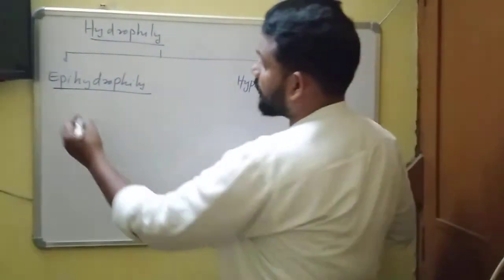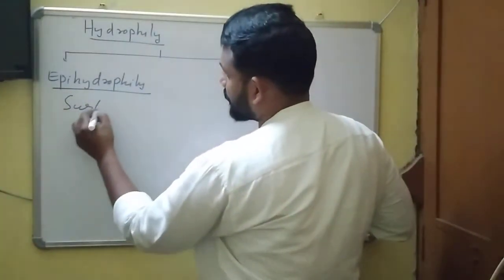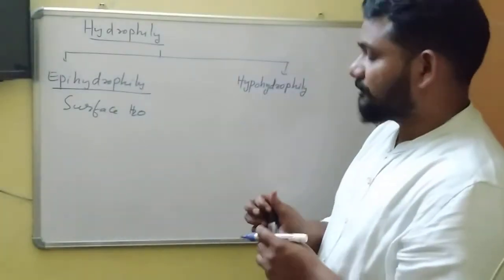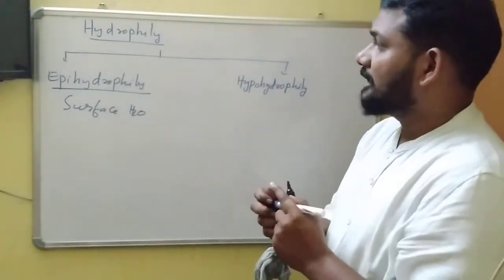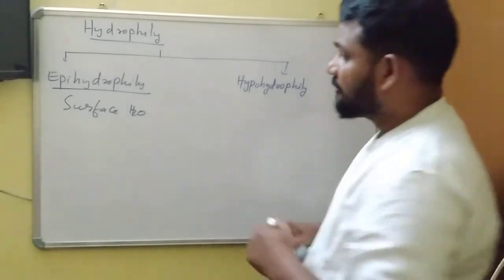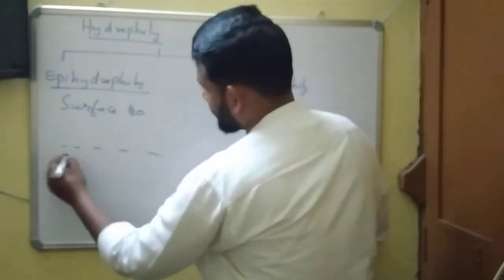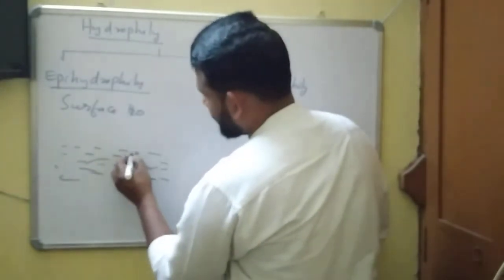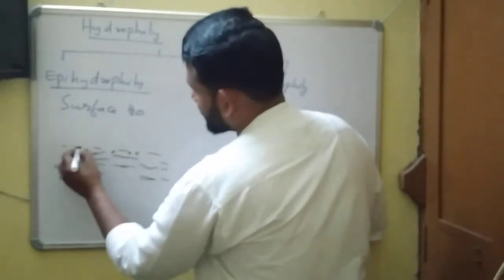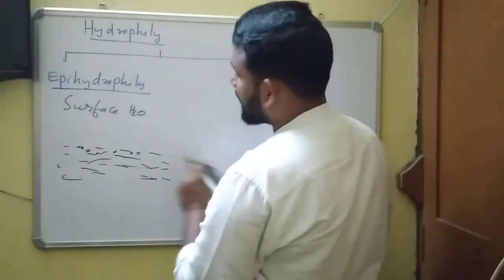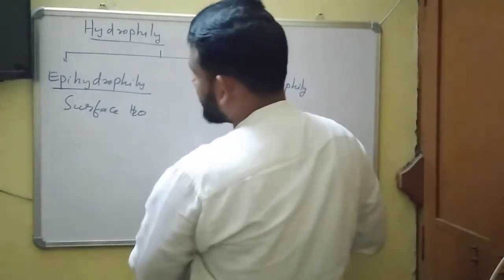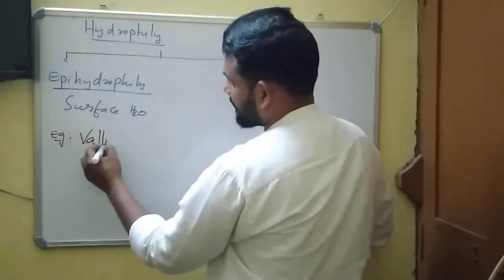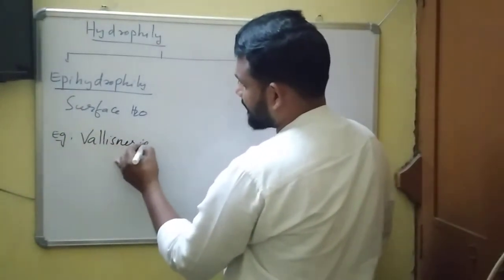If transfer of pollen grain is through surface water, it is called epihydrophily. If this is a water body and transfer of pollen grain is through the surface of water, then it is called epihydrophily. And this epihydrophily can be seen in Vallisneria and Hydrilla.